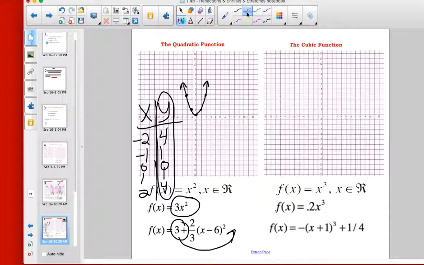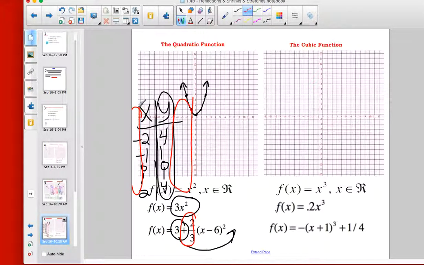Right, but here you'd see that first things first, we would have a vertical shrink by a factor of 2/3. So all of these y coordinates we'd want to multiply by 2/3 and do it over here. I'm just going to skip this one for time. Minus 6, you would move to the right 6, so you'd want to add 6 to all of those x's.